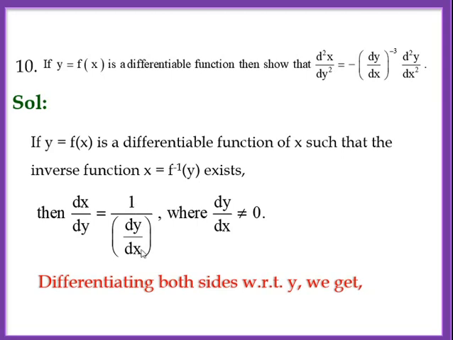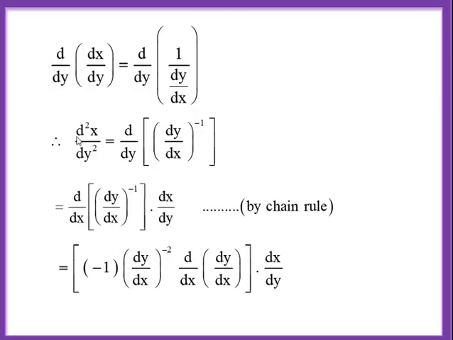See, dx/dy is 1 upon dy/dx. We differentiate with respect to y. So d2x by dy square is nothing but d/dy of 1 upon dy/dx, means what? (dy/dx) raised to minus 1. Now chain rule, d/dy is d/dx into dx/dy. Now what is derivative of (dy/dx) raised to minus 1?